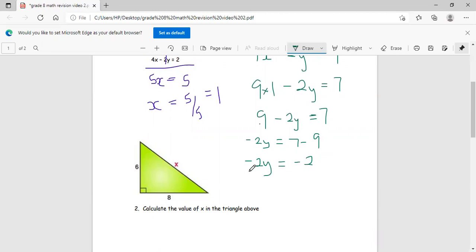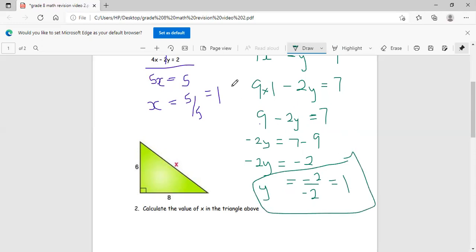To find my y, I have to divide the two sides by minus 2. So y will be equal to minus 2 divided by minus 2, and that will give me 1. So for this equation, my x is 1 and my y is also 1, as you can see.